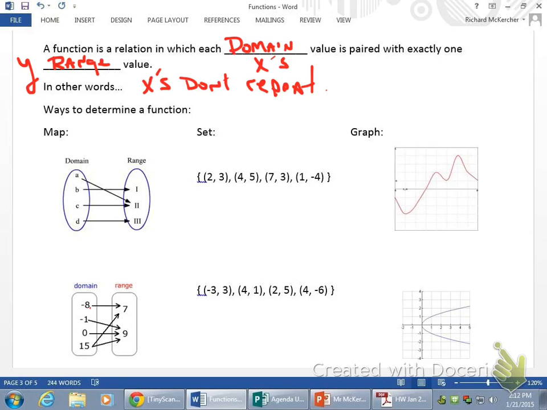I want to think about this a different way too. I want to think about it like a vending machine. Alright? So I'm going to say that I've got Sundrop, Pepsi, and Mountain Dew. Let's go through the same process. If I press the letter A on my machine, what does it give me? It gives me a Pepsi. If I press the letter B on the machine, it gives me a Sundrop.